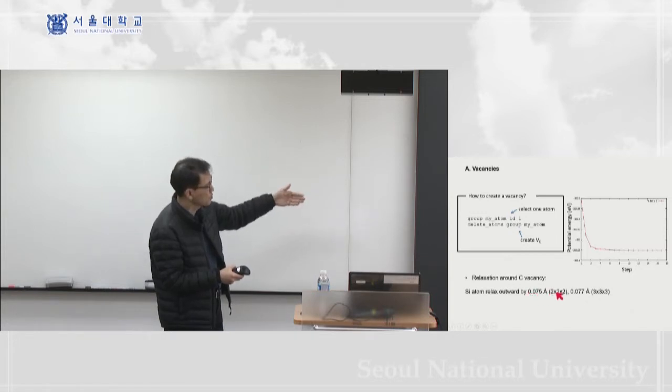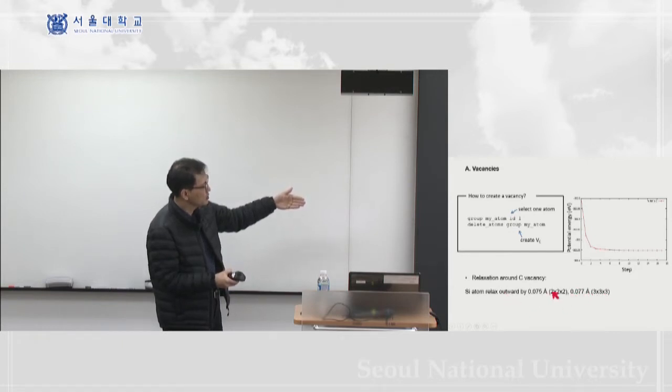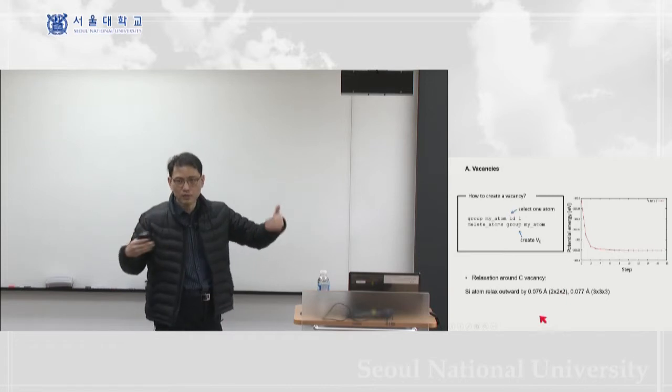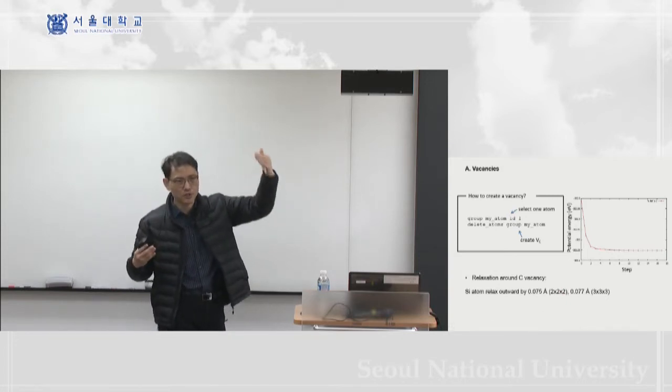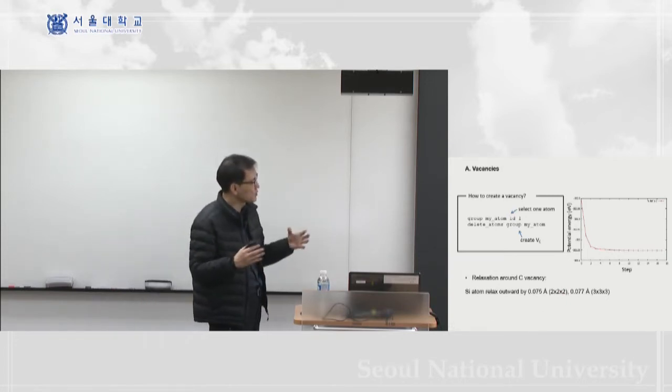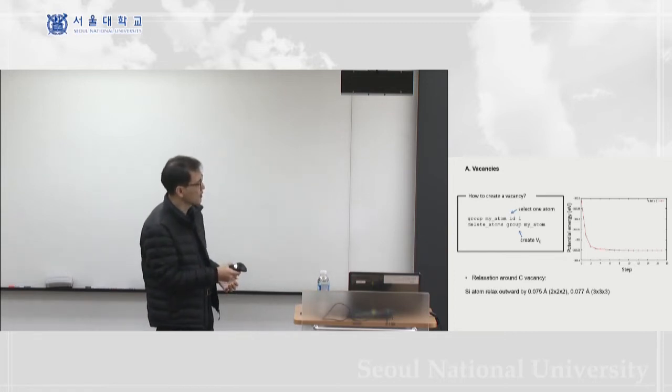In the case of the 2x2x2, and the case of the 3x3x3, it is almost the same, 0.077 angstrom. So from this relaxation pattern, you can say that maybe the 2x2x2 is big enough. Just by repeating 2 times along each direction might be enough to accommodate those strain fields.